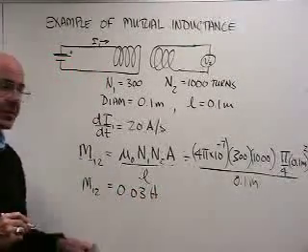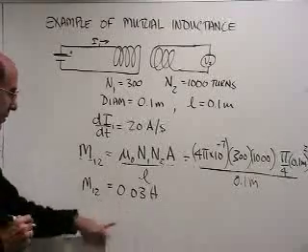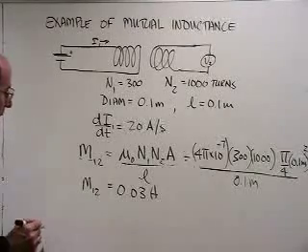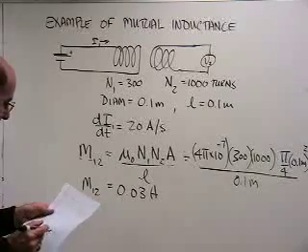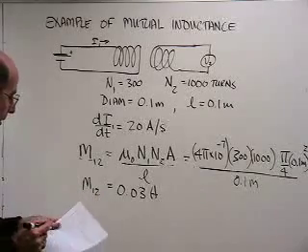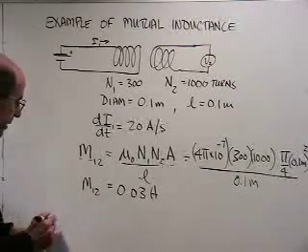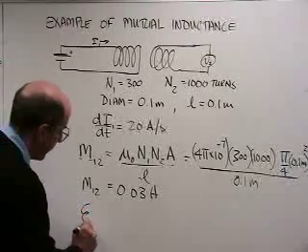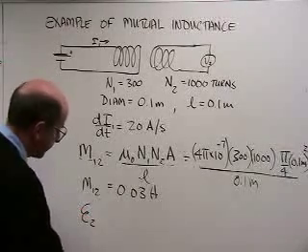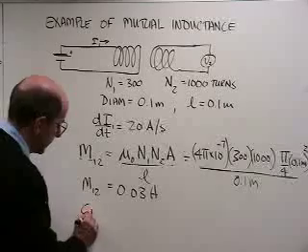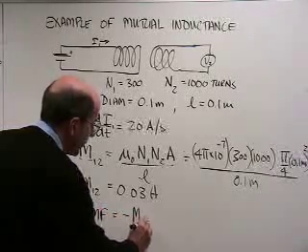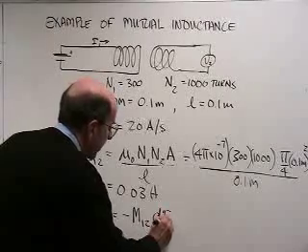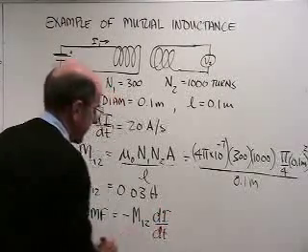Okay, that's a kind of normal number for inductances, 0.03 henries. It's not like picofarads. It's more like reasonable numbers on the order of 1, or a 1,000th, or 100. The EMF that's induced in the second coil is equal to minus M12 times dI/dt.